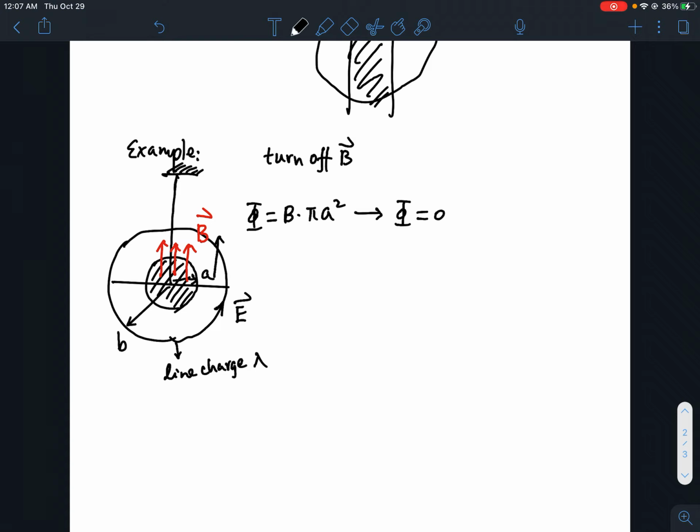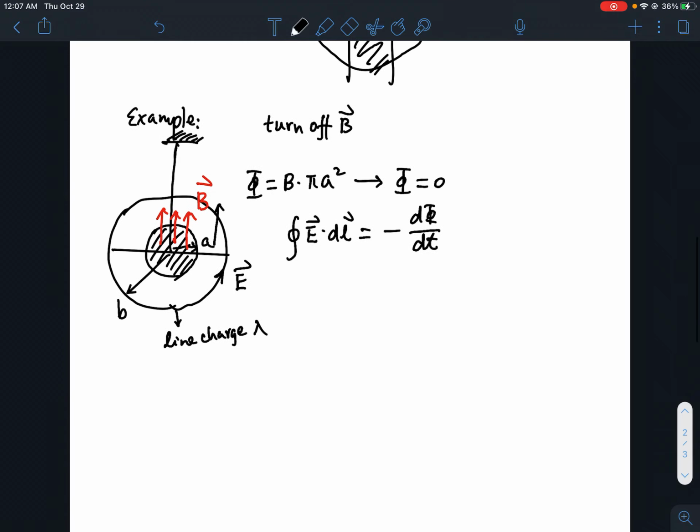Now to figure out the value of this electric field, we use Faraday's law. This E dot dl is equal to minus d phi over dt.